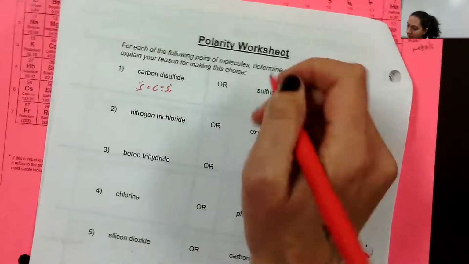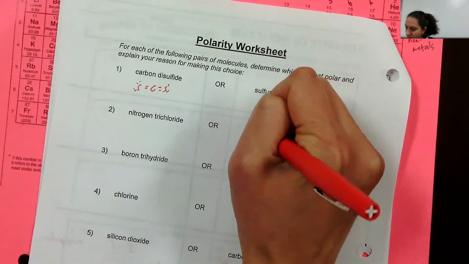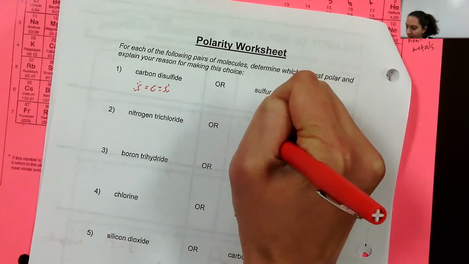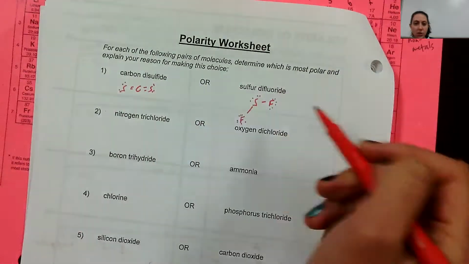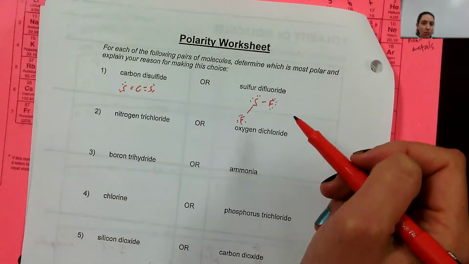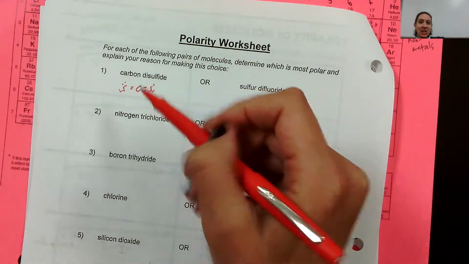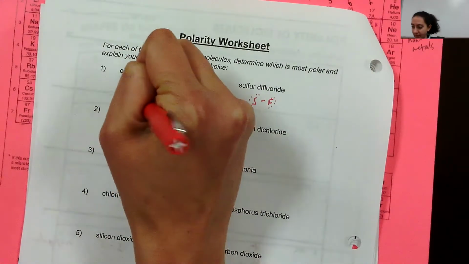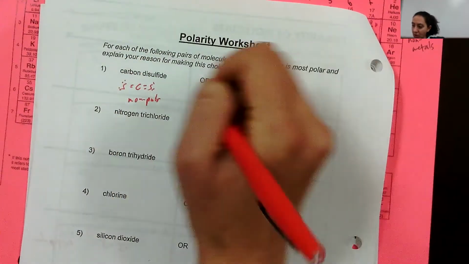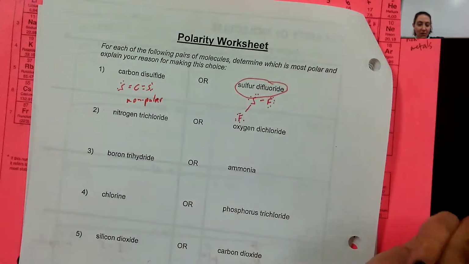Oh yeah, it's not too bad. This isn't that hard. Okay, so it's good to draw out the molecules. So which one of these do we think is probably going to be more polar? Well, just looking at this, it's just straight up nonpolar. So the answer is definitely going to be sulfur difluoride.